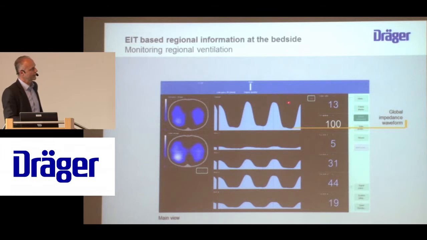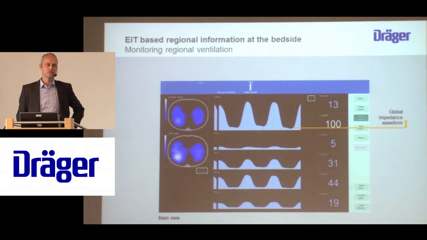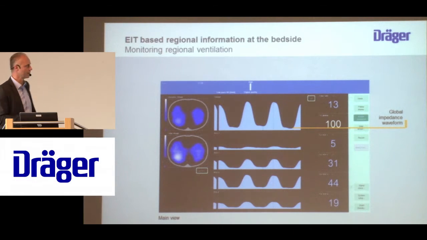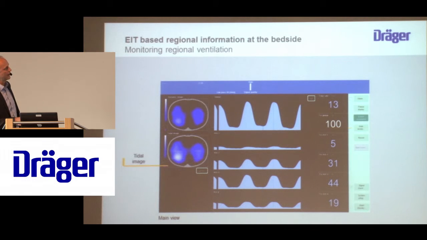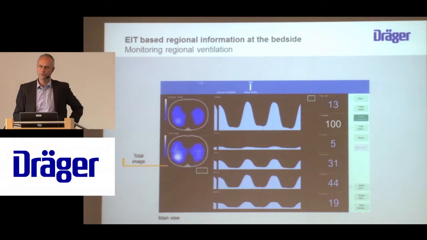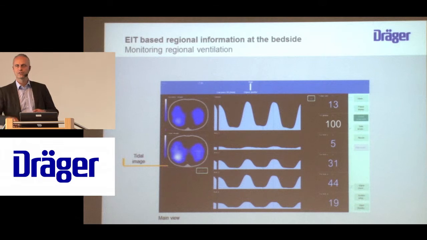Then if you create a differential image between end of inspiration and end of expiration, you can display the end inspiratory status, which basically reflects the regional distribution of the tidal volume of the last detected breath. And then you can subdivide such a tidal image into different regions of interest, as we call it. You could either arrange it as horizontal slides, if you really want to look at gravity-dependent effects.